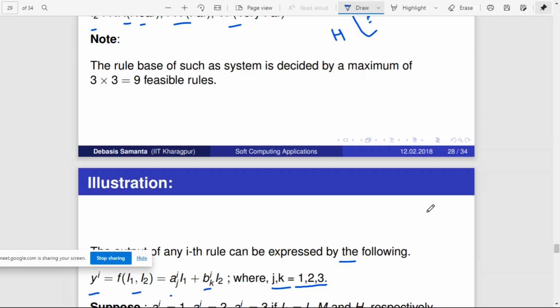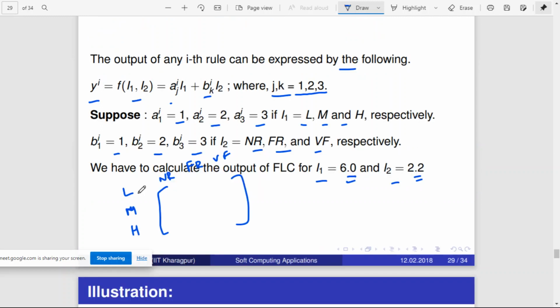So L and near is Y1, this is Y2, this is Y3, Y4, Y5, Y6, Y7, Y8 and Y9, right?